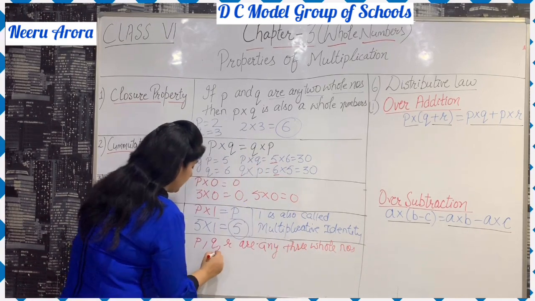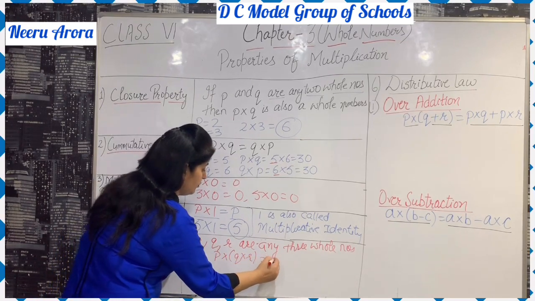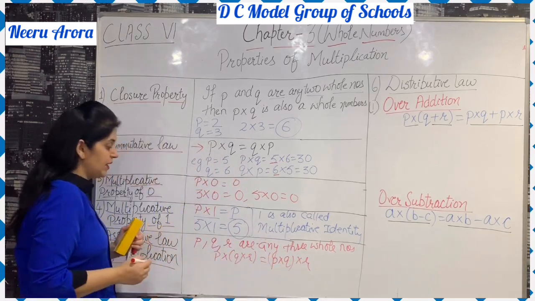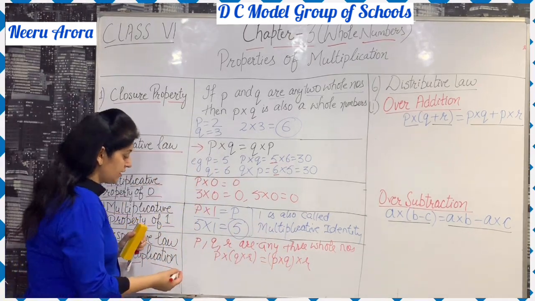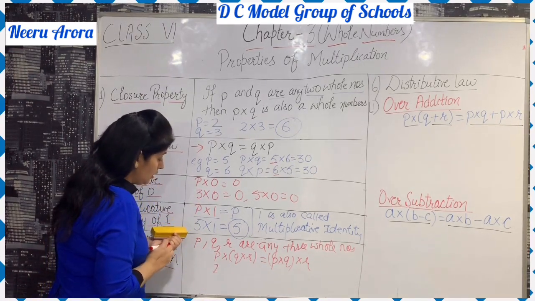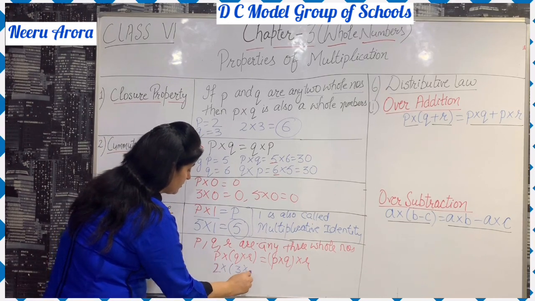Then P multiplied by Q, multiplied by R is equal to P multiplied by Q multiplied by R, with the brackets placed differently. This remains the same. Again we can take an example: let's say P is 2, Q is 3 and R is 4.